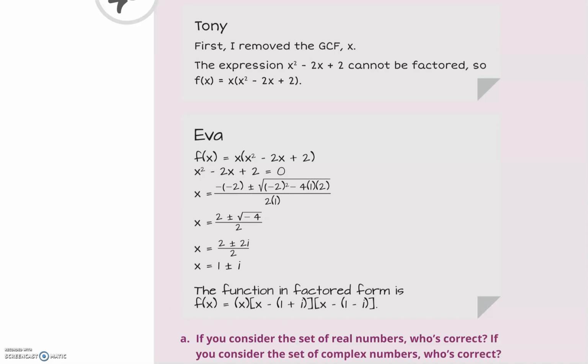Ava does the same thing to start. She takes that x out. Perfect. And then with the trinomial that she's left with, she notices that she can't factor it just like Tony did, so she uses the quadratic formula.